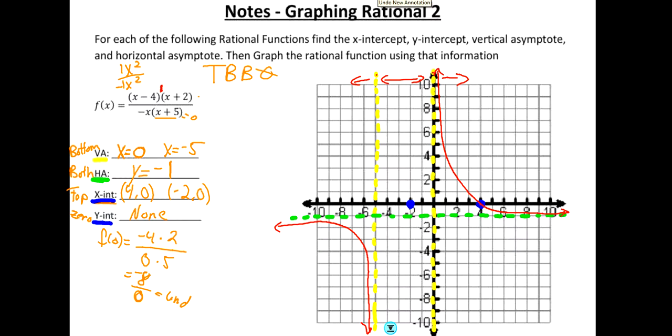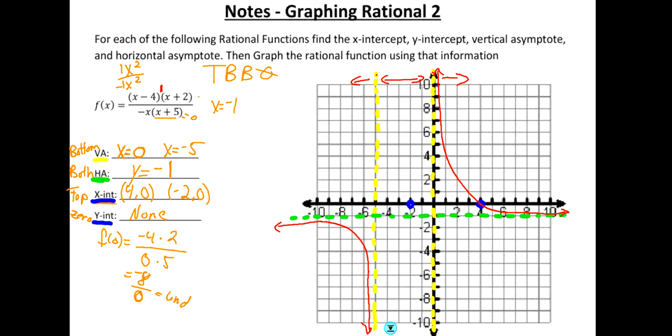Now, the middle piece. I have an x-intercept, so I know it crosses. So it either crosses like this or it crosses like this. The only way to find out is to plug in a number. And what number are we going to plug in? Any number in between here, but the easiest one is -1. So x equals -1.